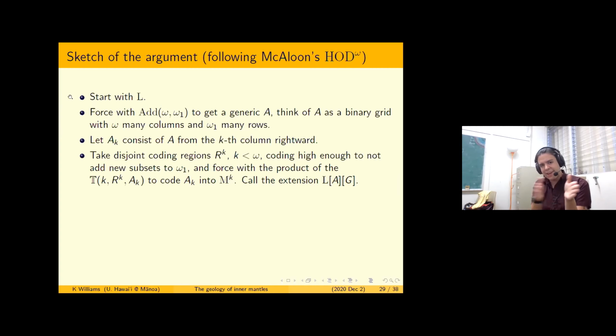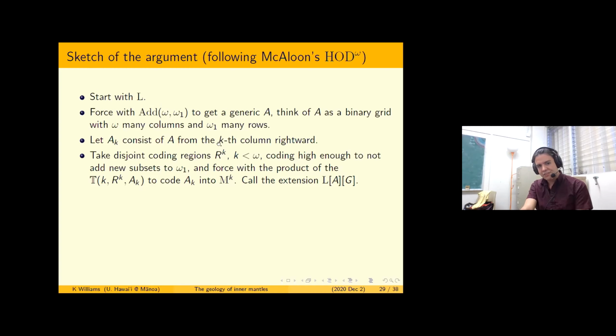And so let's say that A_k is this block from the kth column onward. So A_1 is where we cut off the first bit of each Cohen real. A_7 is where we cut off the first 7 bits of each Cohen real. Of course, cutting off finitely many bits from a Cohen real is still a Cohen real, just a smaller one. So these A_k's are shaving off more and more of these Cohen reals. Notice each of these A_k's is basically omega-1 many Cohen reals.